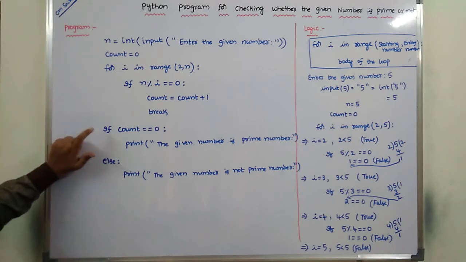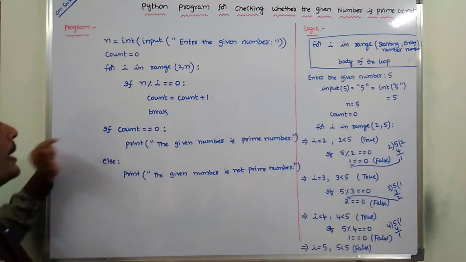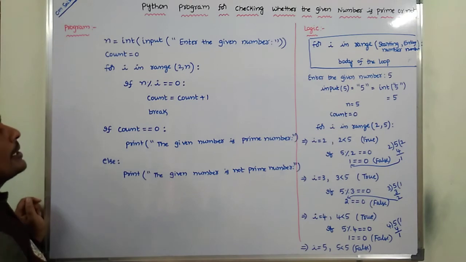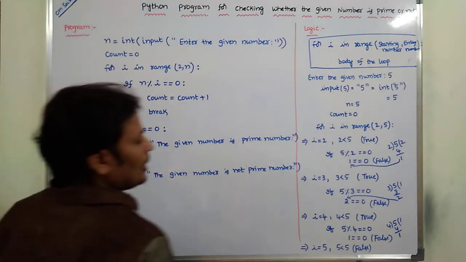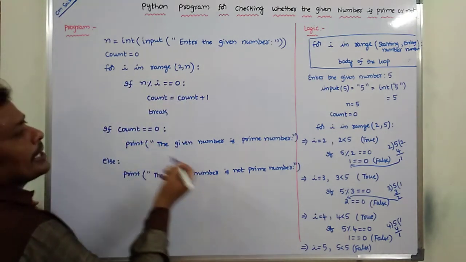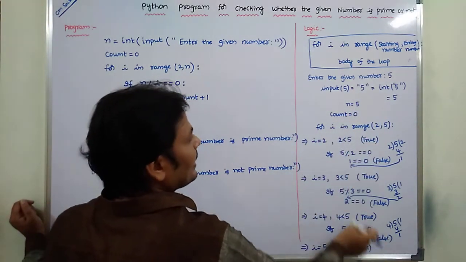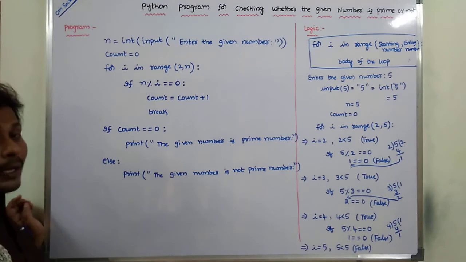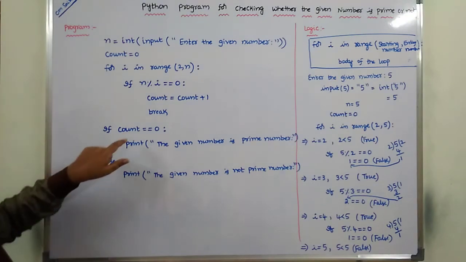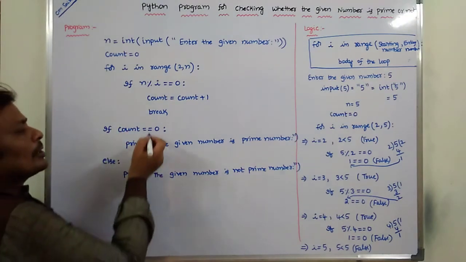After the for loop, the statement is: if count is equal to 0. Here count is equal to 0, because in these iterations the count value is not incremented. So count is equal to 0.